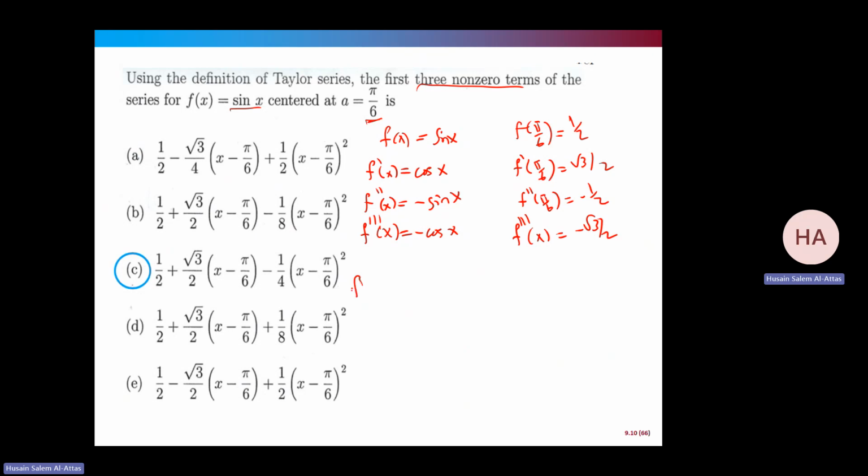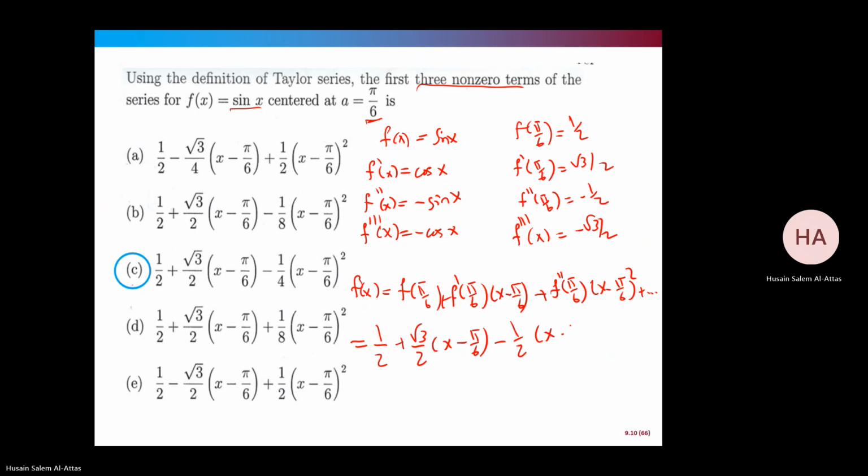So my function will be f at pi over 6 plus f prime at pi over 6 times x minus pi over 6, plus f double prime at pi over 6, plus something. F pi over 6 is half, f prime square root 3 over 2, f double prime minus half. And the first 3 non-zero terms are these 3 terms: 1, 2, 3.